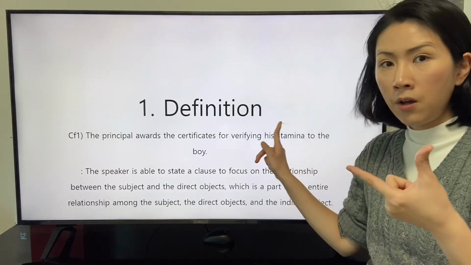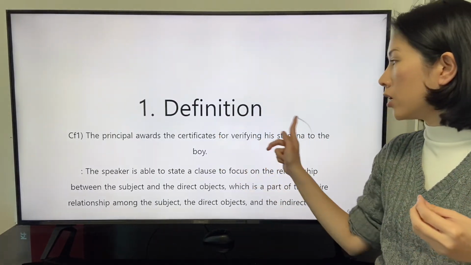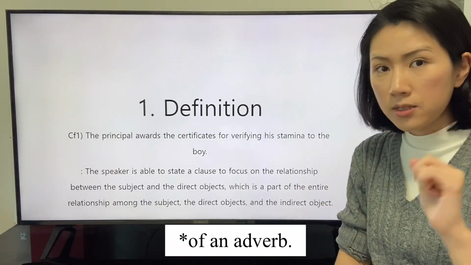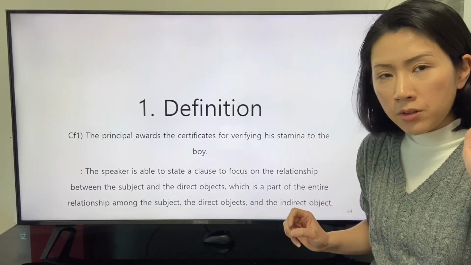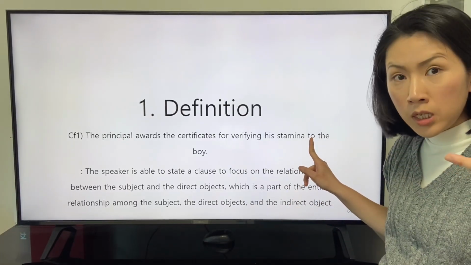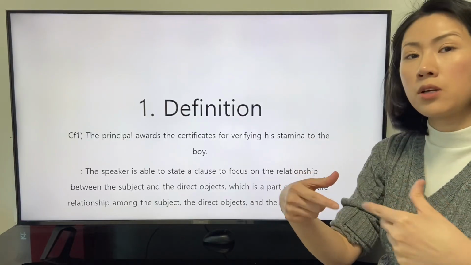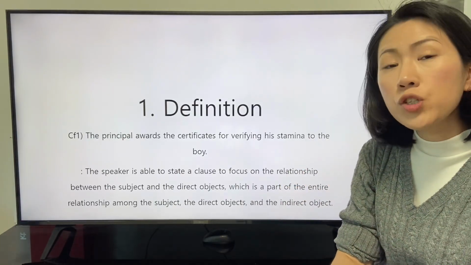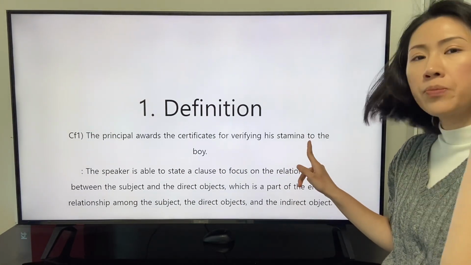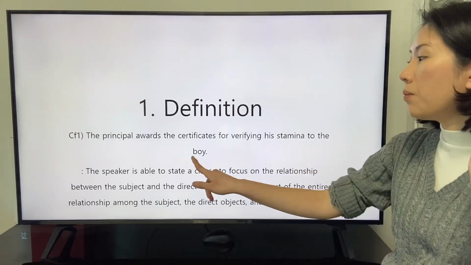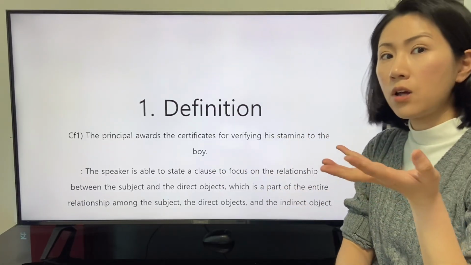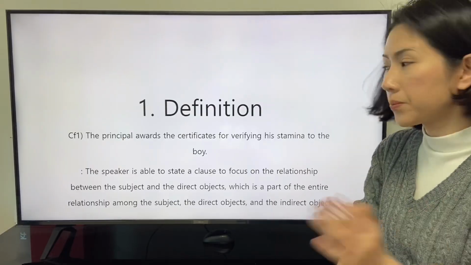So the phrase of the preposition works as a unit. And there is another preposition too. The preposition is applied in a clause with the object to get the definition of the preposition. So, to the boy forms a unit of an adverb.